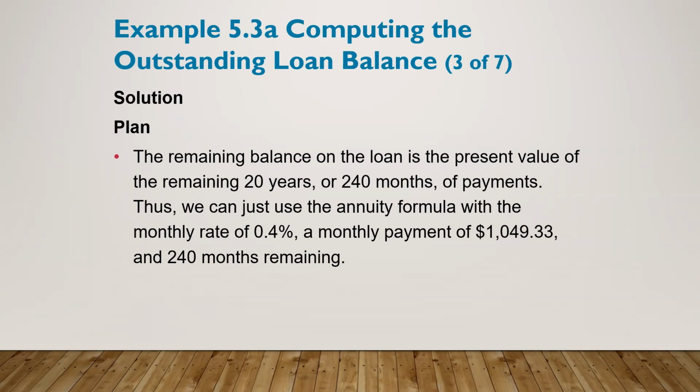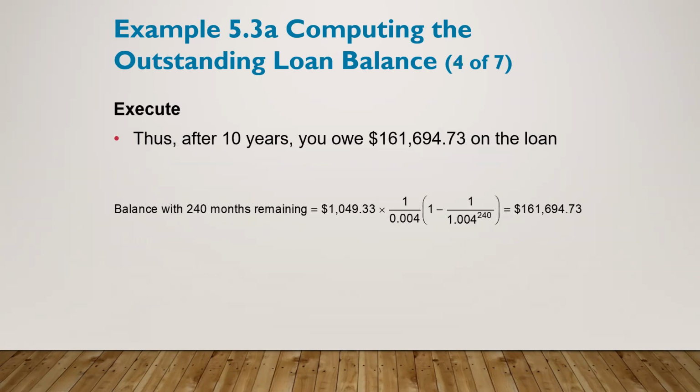We must just use the annuity formula with the monthly rate of 0.4%, a monthly payment of $1,049.33, and 240 months remaining. After 10 years, you will owe $161,694.73 on the loan.